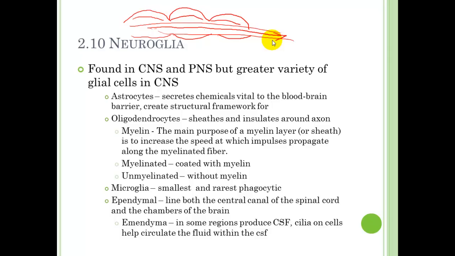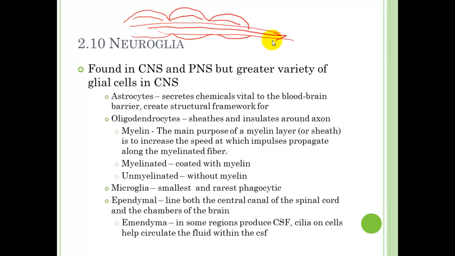Microglia are the smallest and rarest, and they're phagocytic, which means that they remove foreign materials and pretty much eat other cells that don't belong there. Ependymal cells line both the central canal of the spinal column and the chambers of the brain, and then we have astroglia. In some regions they produce cerebrospinal fluid.